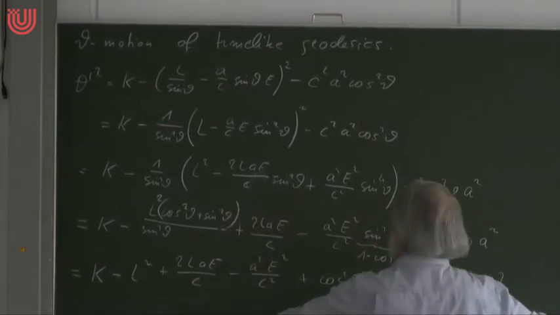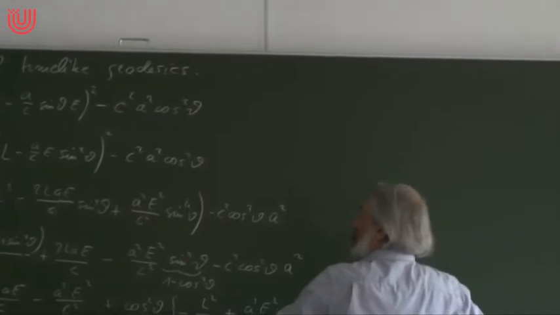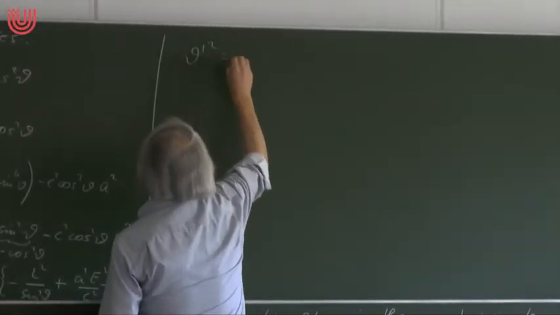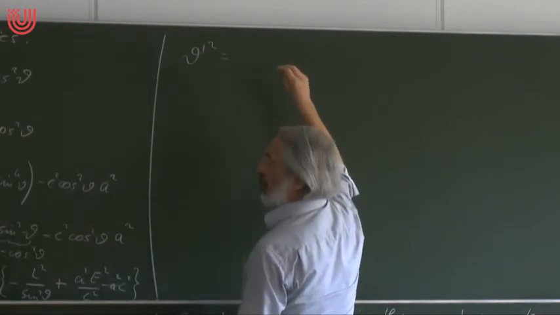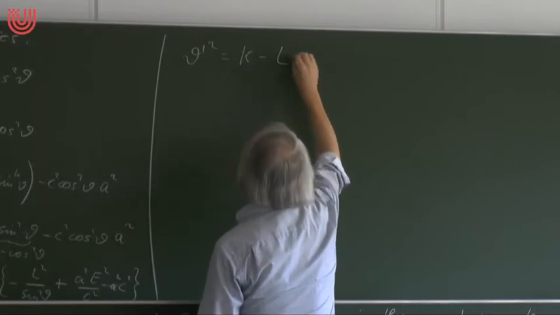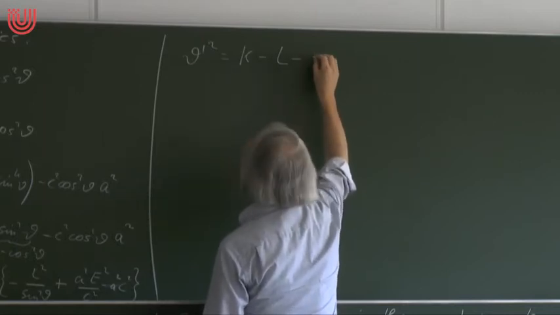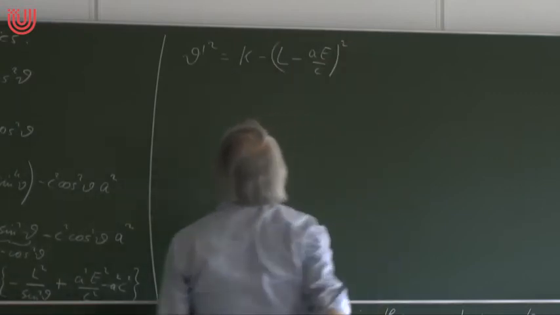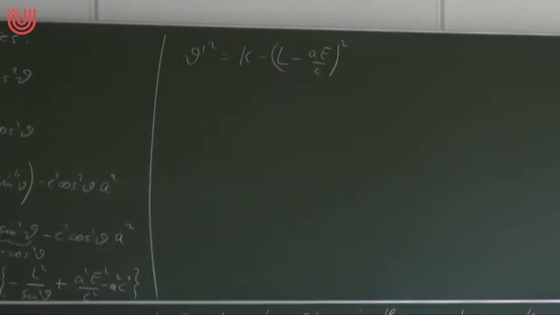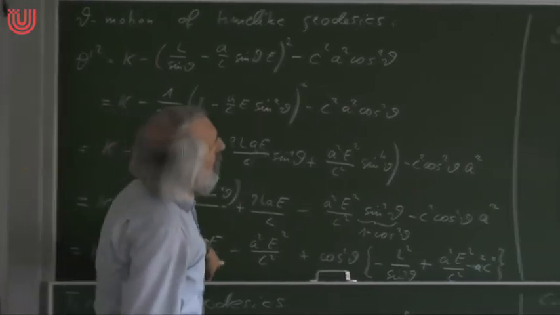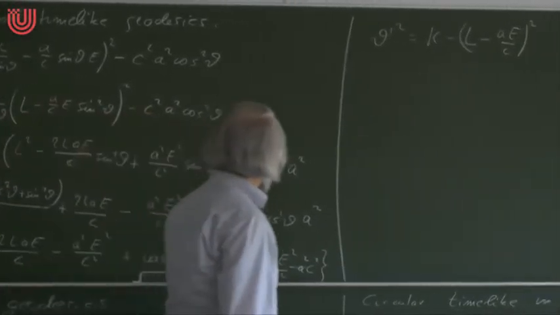These three terms give a square. So we have theta prime squared is K minus L minus A E over C, squared. You see, if I multiply this square out, I get minus L squared plus 2L A E over C minus A squared E squared over C squared.